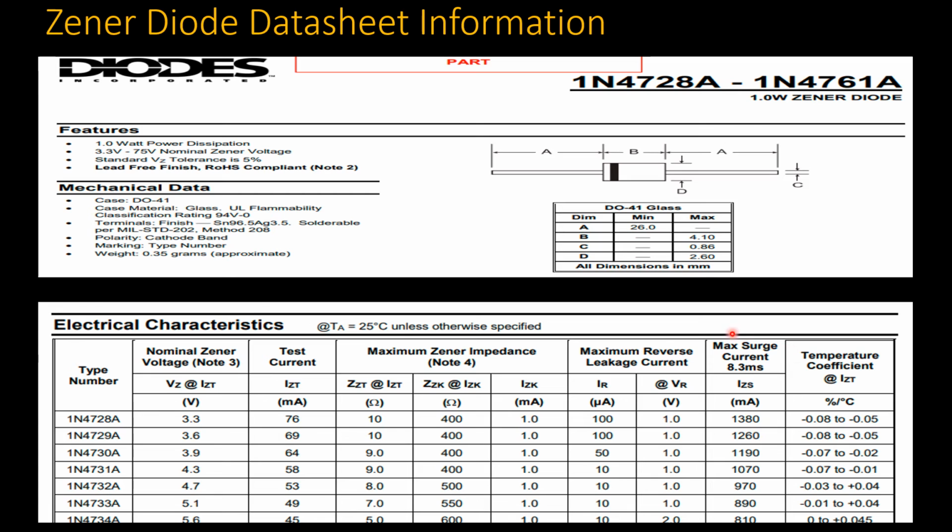It allows a maximum surge current, at an 8.3 millisecond wave, of 1.3 amps, and the temperature coefficient is minus 0.08 to minus 0.05. So in this way we have to select the Zener diode. The major parameters are the Zener voltage or breakdown voltage, then the maximum current capability, and we need to take care about the wattage and tolerance.